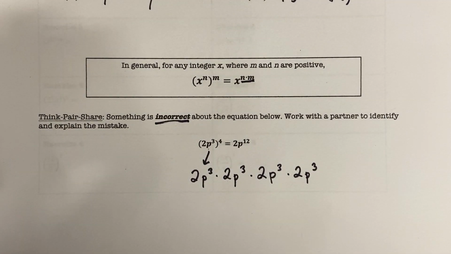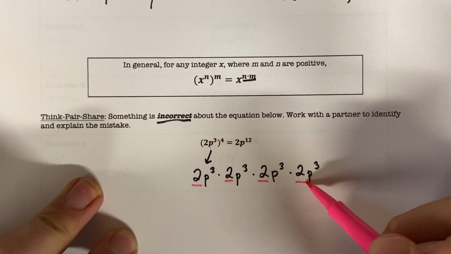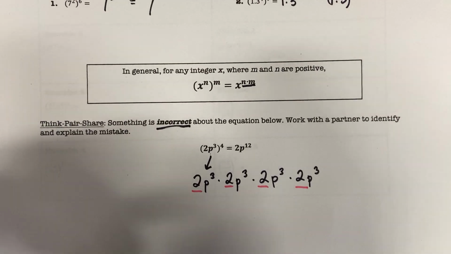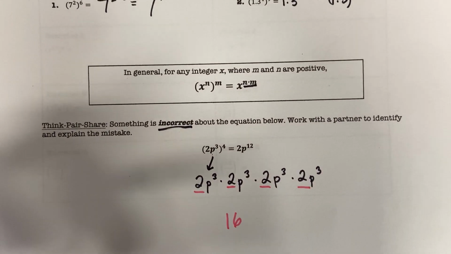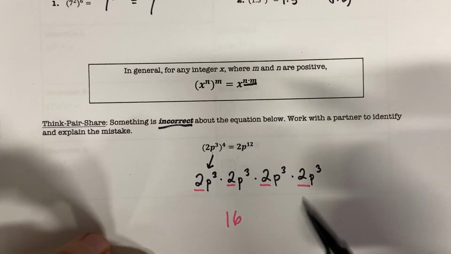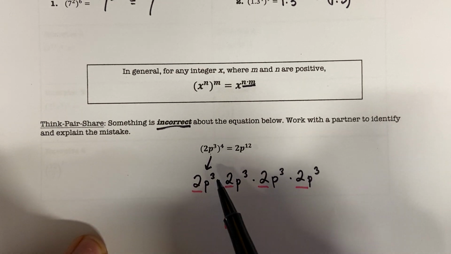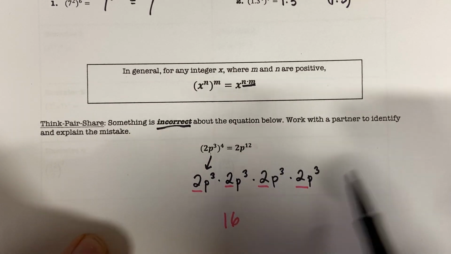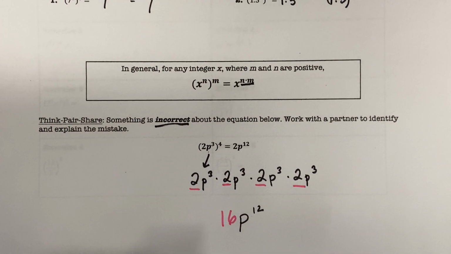Well, now I'm going to multiply what we call the coefficients. The coefficients are the 2's. So what is 2 times 2 times 2 times 2? That would be 16. And my exponents, remember, repeated multiplication here, repeated addition. So if I add my exponents, 3 plus 3 plus 3 plus 3, I would get 12.